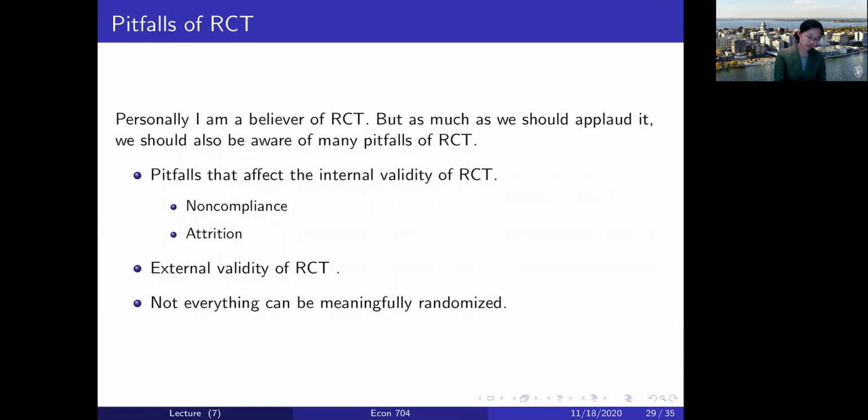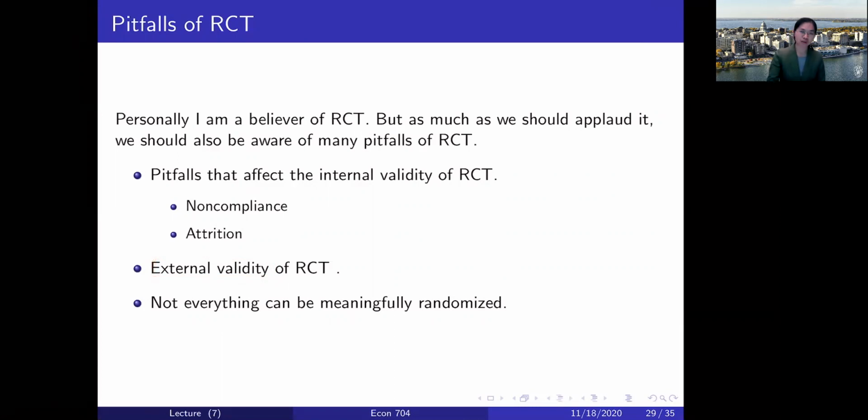However, there is also the consideration of external validity of RCT, and that can be a big problem. So what is external validity? It is how generalizable the result of the RCT is. Suppose you run a mosquito elimination program in Africa. How is the result from that experiment generalizable to, say, India?